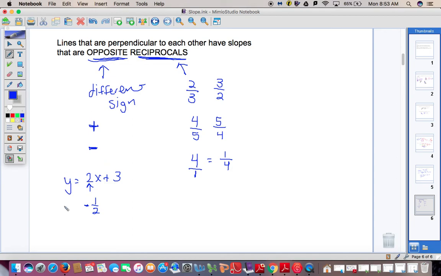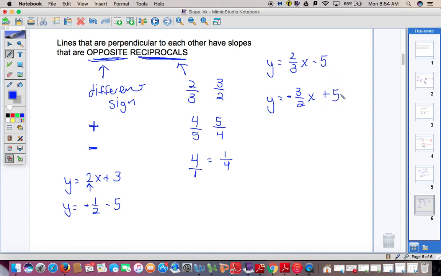Okay, so y equals negative 1/2 x minus 5, that would be perpendicular to the line of y equals 2x plus 3. If you had y equals 2/3 x minus 5, a perpendicular line would be any line that has a slope of negative 3/2.